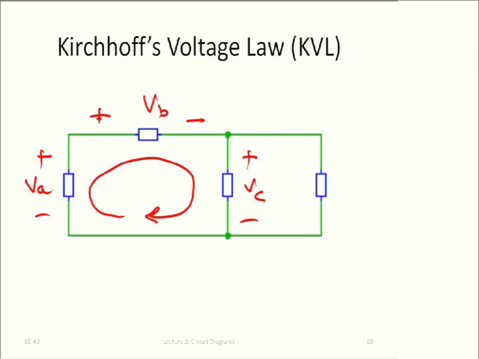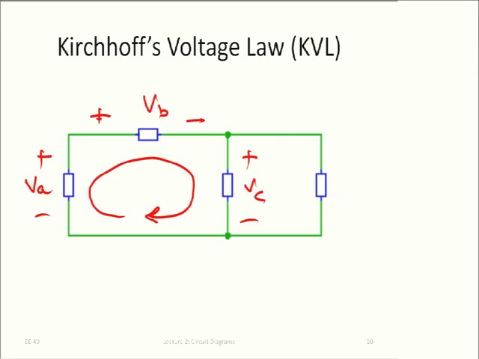Now, as we walk around this circle, we'll have to use a convention. I use the convention that every voltage that I enter on the minus sign, I introduce with the minus sign in the equation. Every voltage that I enter on the plus sign, I enter with the plus sign into the equation. So let's try it here.